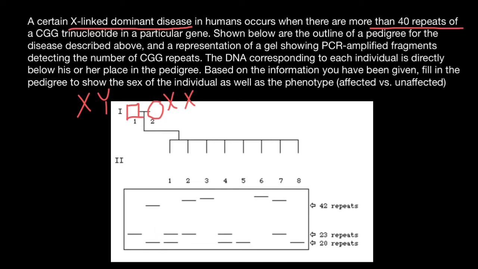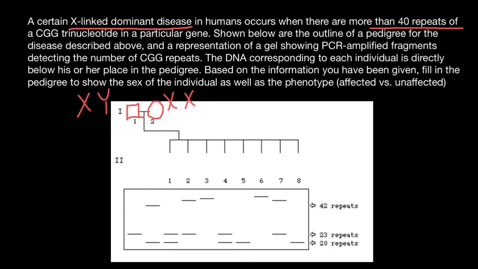One band corresponds to 20 repeats, and another band is a little bit smaller than 42 repeats, so we'll say 40 repeats. This is a dominant genetic disorder, so because it's 40 or below, the phenotype of this female is still going to be normal.